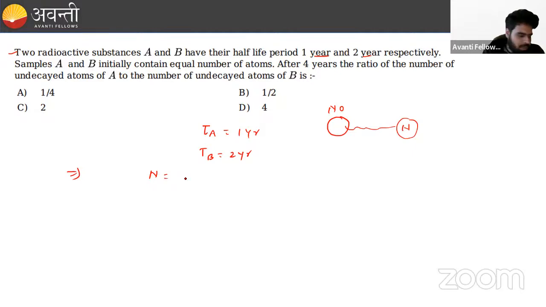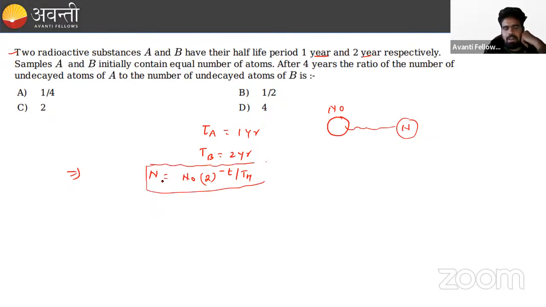If you want to write it in the exponential form, N equals N naught times 2 raised to the power minus T upon T half, where T half is the half-life period. This is the equation for the amount remaining after time T.